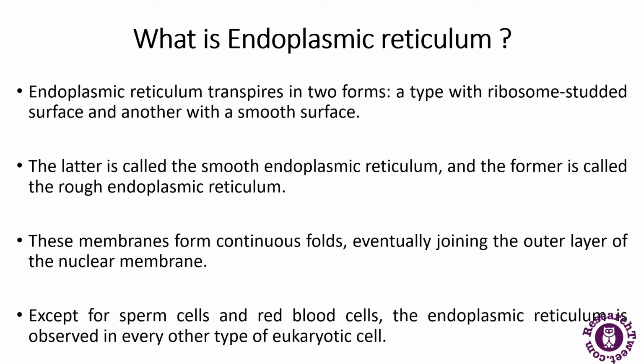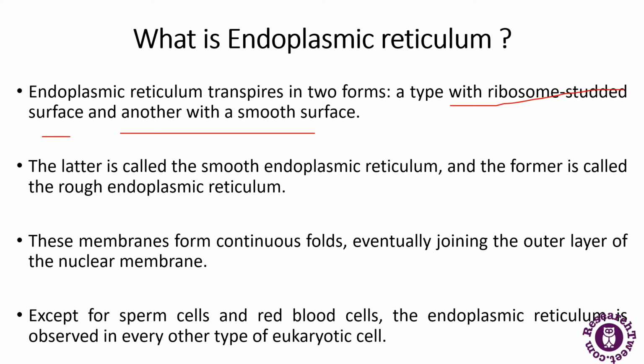As I have already told, it has been divided into two forms, that is the ribosome studded surface and the smooth surface. The ribosome studded surface is called the rough endoplasmic reticulum, and the smooth surface that has no ribosome studs on it is called the smooth endoplasmic reticulum.